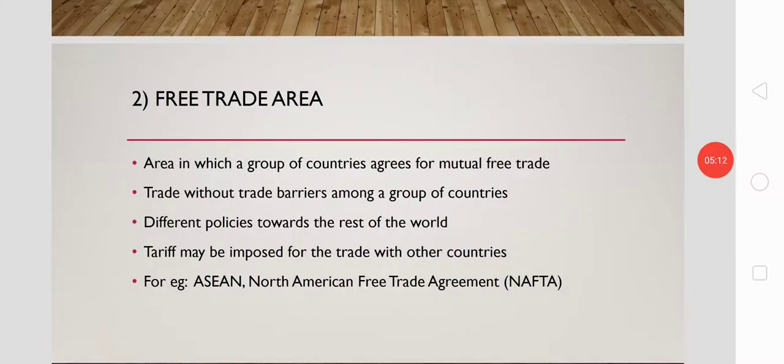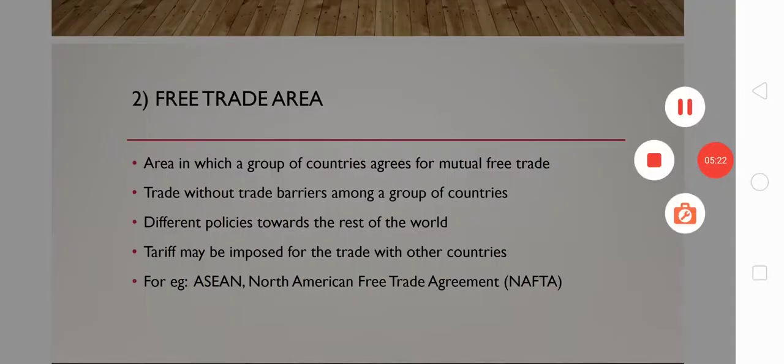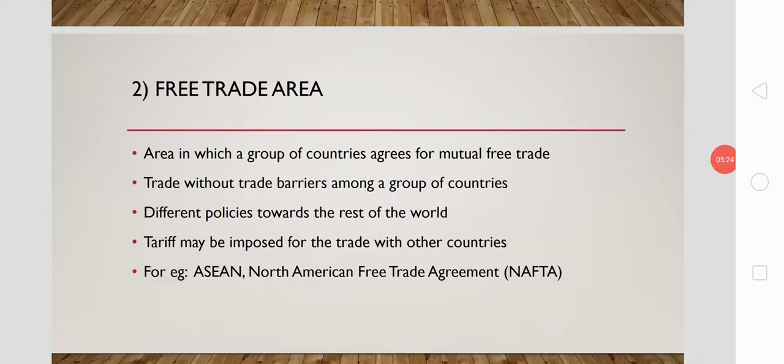Another example of free trade is NAFTA, recently replaced by USMCA, the United States Mexico Canada Agreement. Free trade area means trade takes place with minimum restriction, or in some cases no restriction. But it doesn't mean the trade of all commodities and services is free from restriction. There may be some restrictions in place, but more commodities are free from restrictions.